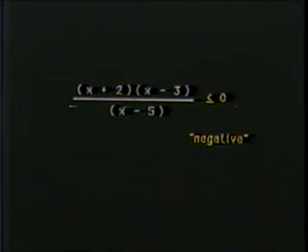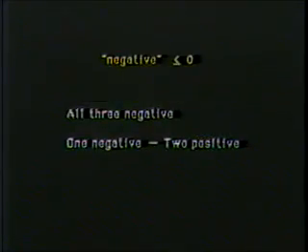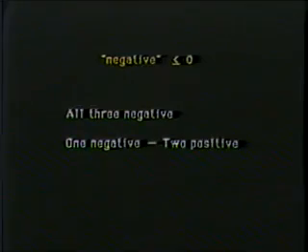The answer? Well, this time we have 3 brackets multiplied or divided, and we want the answer to be negative or 0. There are 2 different ways that could happen. Either all 3 brackets are negative, or only one is. That tells us what we're going to look for in our picture, but we have to draw it first.